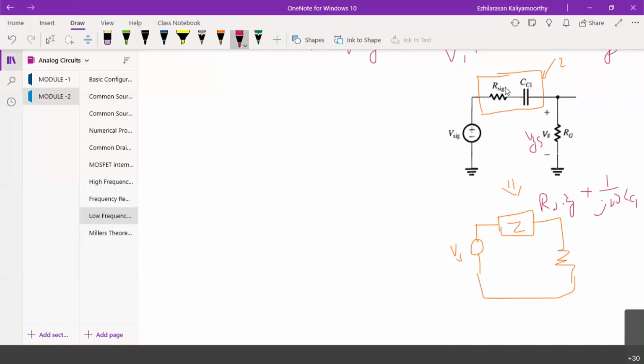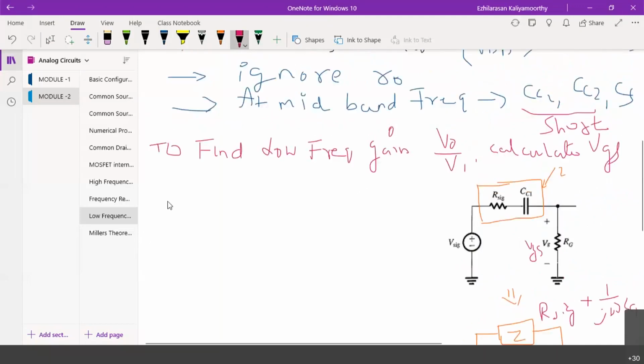So now from this, we need to calculate the VGS. Let me write the VGS. VGS is equal to the voltage across RG. See, it's a voltage divider.